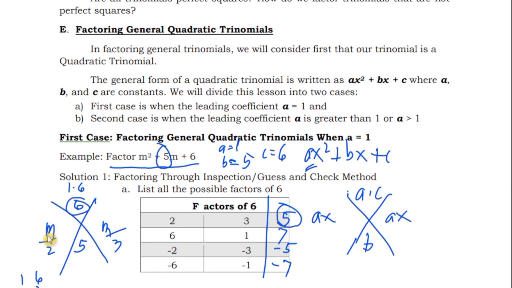Since we could not simplify this one, therefore we could say that the factor of m squared plus 5m plus 6 is m plus 2 times m plus 3. Okay, that's it. That is how we use the diamond method that we have.